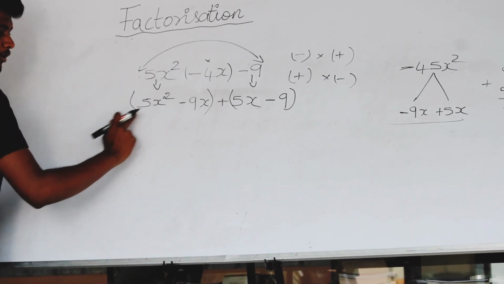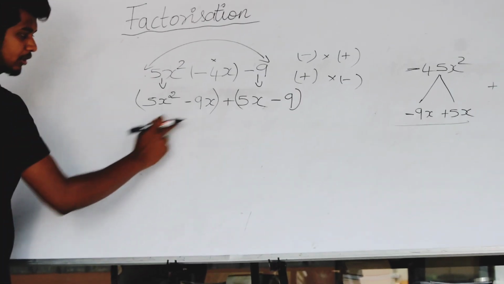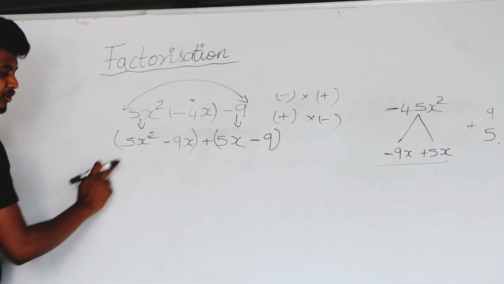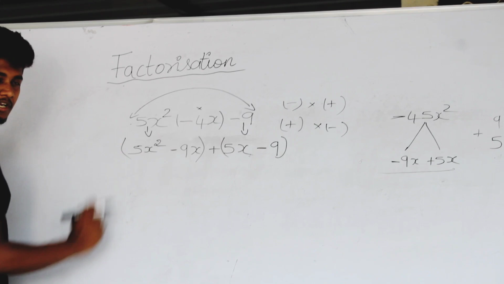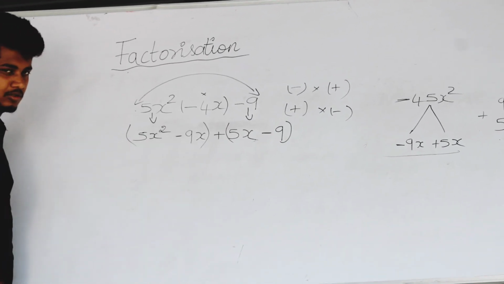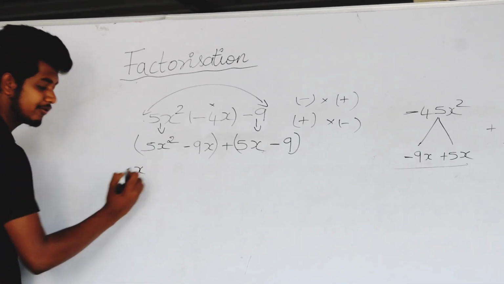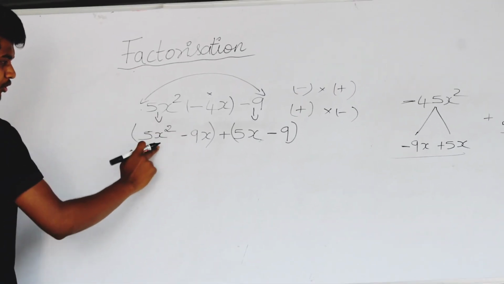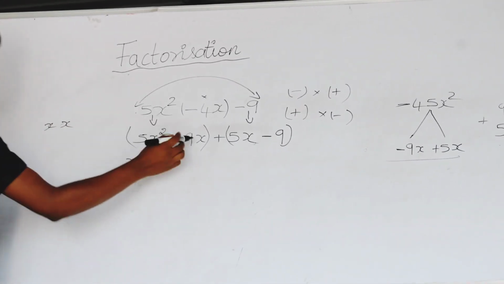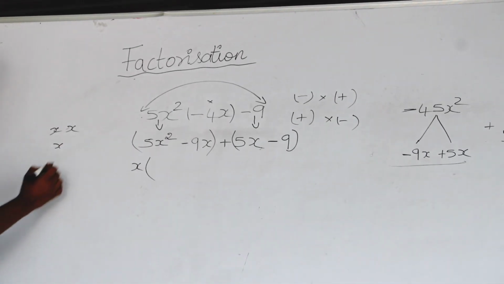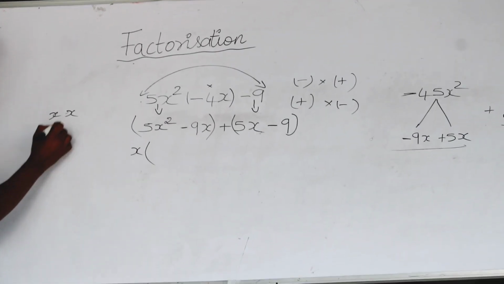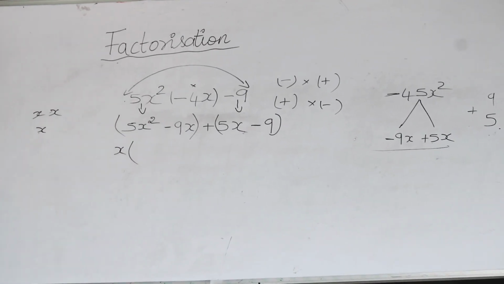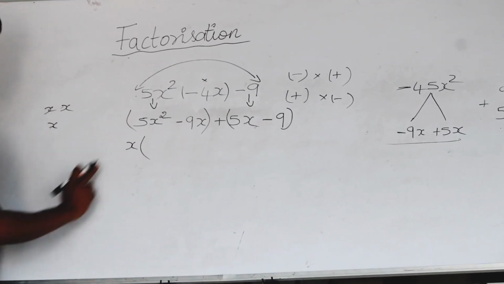Here, which is common in these 2 terms? 5 or x. 5 is not common because 5 is not a factor of 9, and in 5 also we will not get 9. So let us take x as a factor. See here you have x square, it means x and x. Here you have x, which is smaller, always take that. So only one x is common, not one more x. So let us take one x as common, and 5 and 9 both are not common. Let us keep them inside only.